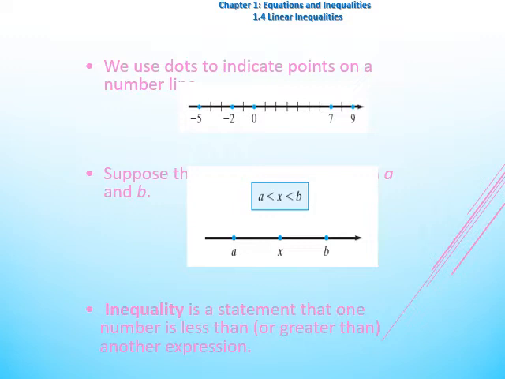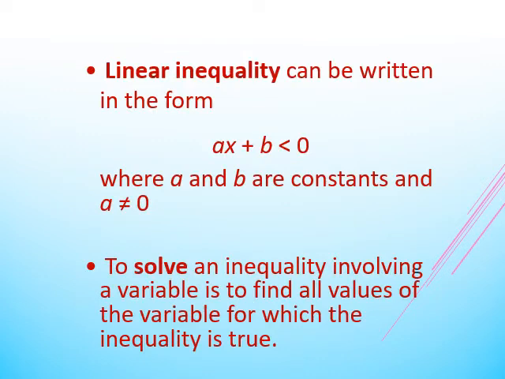So an inequality is a statement that a number is less than or greater than an expression. The standard form of a linear inequality can be written as shown here: ax plus p less than 0, where a and p are two constants and a is never equal to 0.